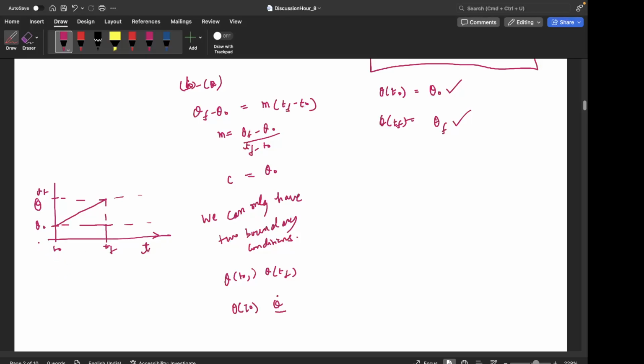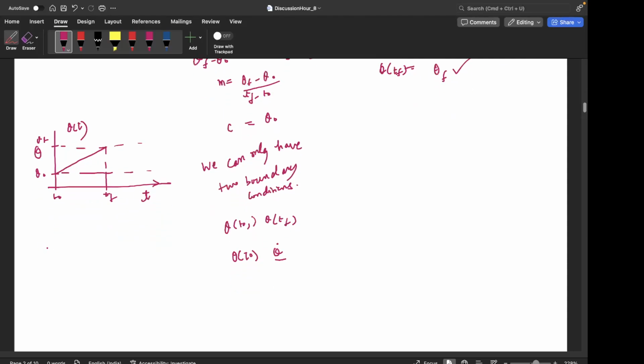If this is the profile of theta t, then the profile of theta dot t is a constant velocity, basically like this, and then it becomes 0. So 0, this is v0, this is t0, this is tf.